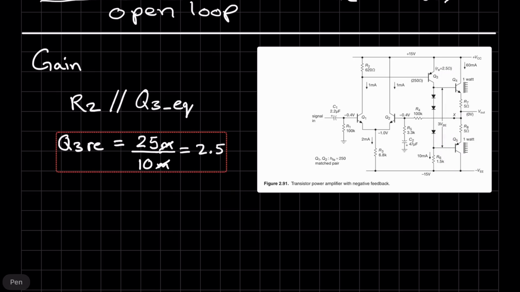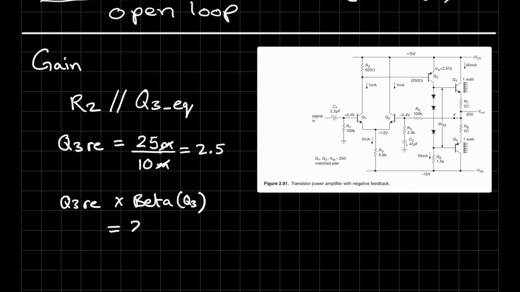Now RE is basically amplified by the gain of Q3. So the resistance that appears in parallel with R2 is Q3 RE times the beta of Q3. So that's basically 250 ohms if we assume beta is 100, and that's also given in the circuit over here.